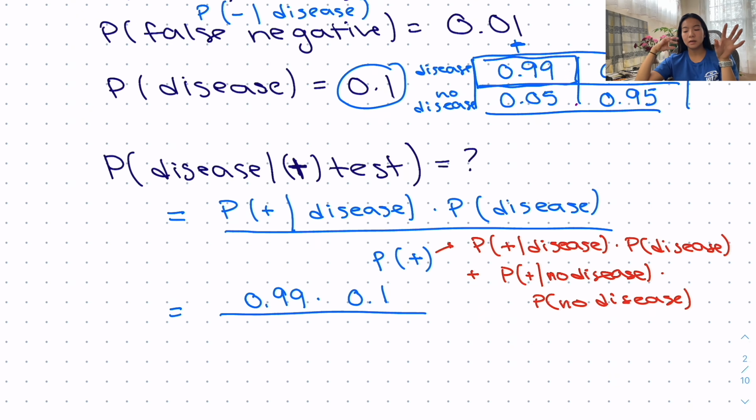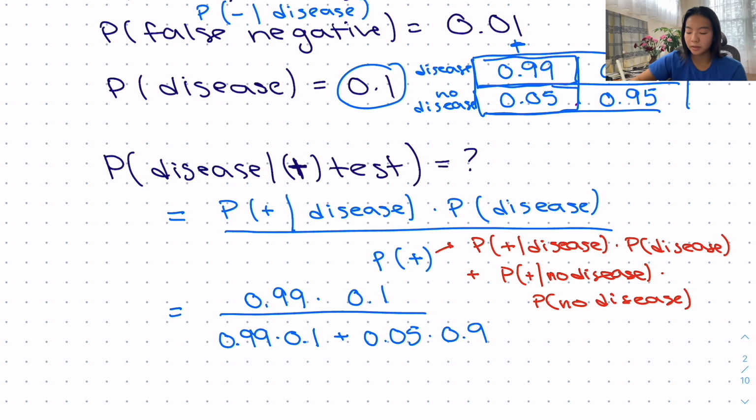I have a disease and then I don't. And then what's the probability of having positive tests in either one of those cases? So that expression would become 0.99 times 0.1 plus 0.05, so that's the probability that I'm testing positive but don't have the disease, and then times the probability that I don't actually have the disease, so that's 1 minus 0.1. The probability that the population doesn't have the disease is 90%.